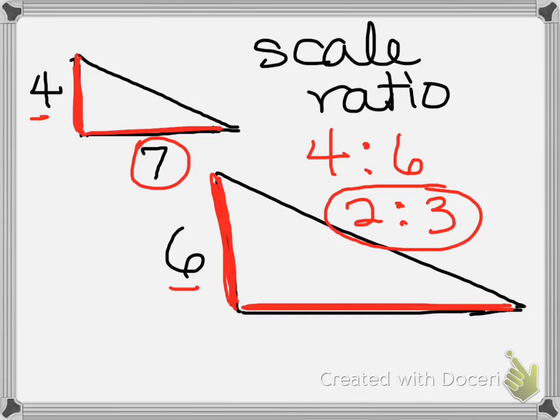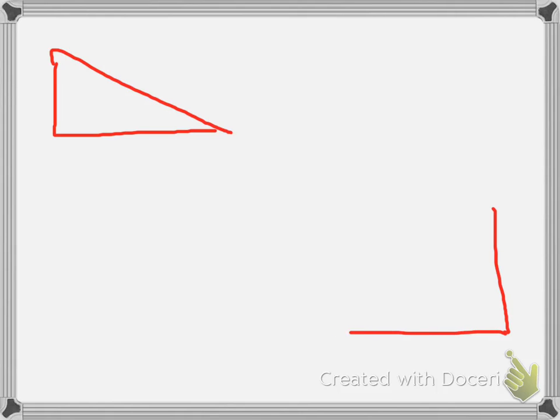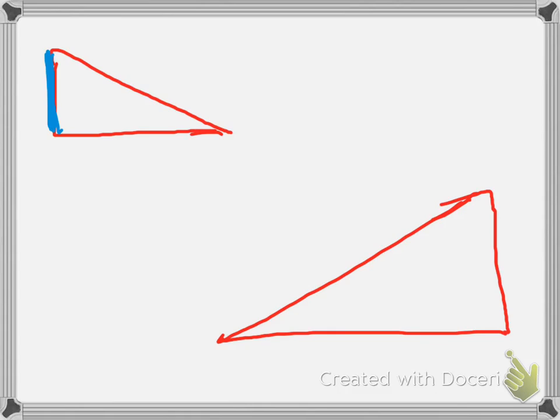Now let's talk a little bit more about corresponding sides. Let's say I have this little triangle right here, and I have another triangle, and it's drawn this way, and I tell you that those are similar. Now this is a little trickier. You have to really think. Let's say I tell you to find the side that corresponds to this side on the big triangle. Well, the big triangle is flipped around, but I still can find the side that corresponds to that side.